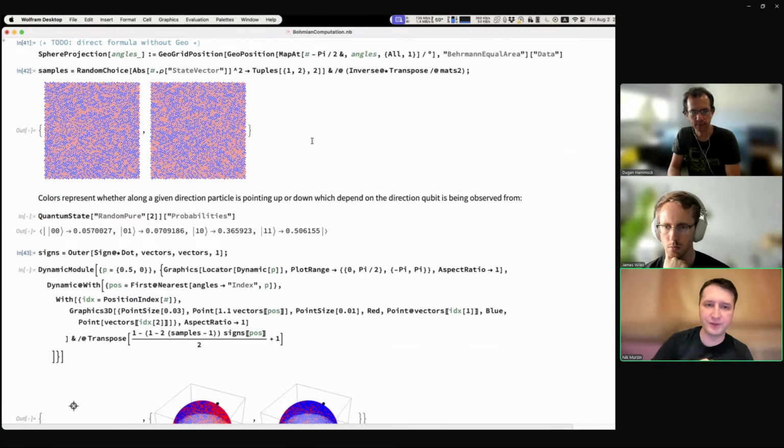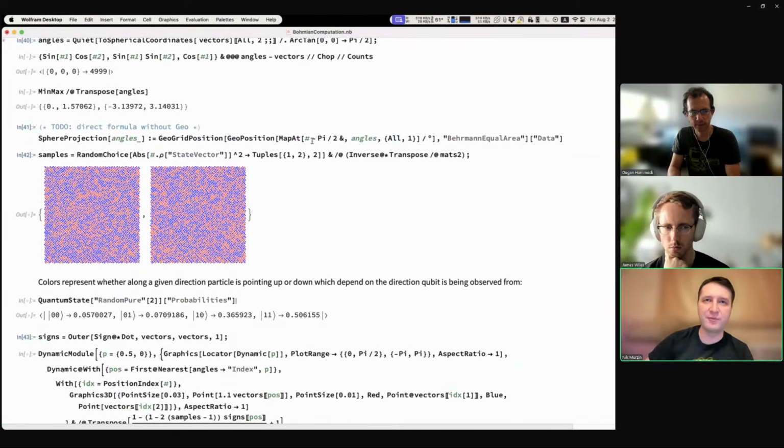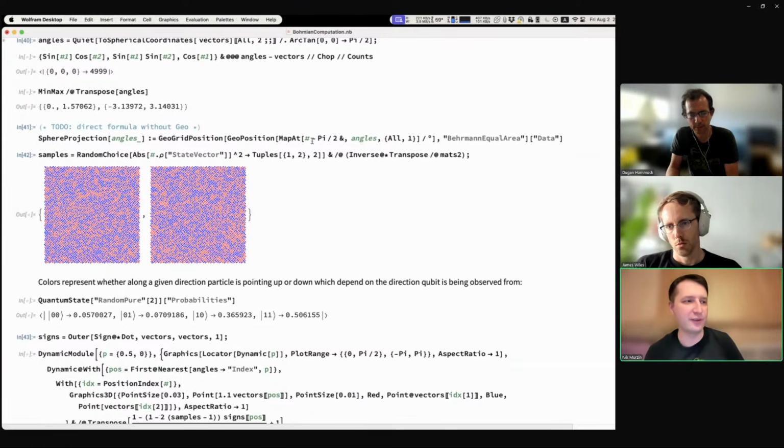reverse this procedure, which is usually called tomography, right? If you just have a bunch of measurements, even though these measurements are along all possible bases, you have a single measurement along every possible basis. Usually by tomography, people mean you have just a few bases, like maybe along the X direction, Y direction, Z direction.